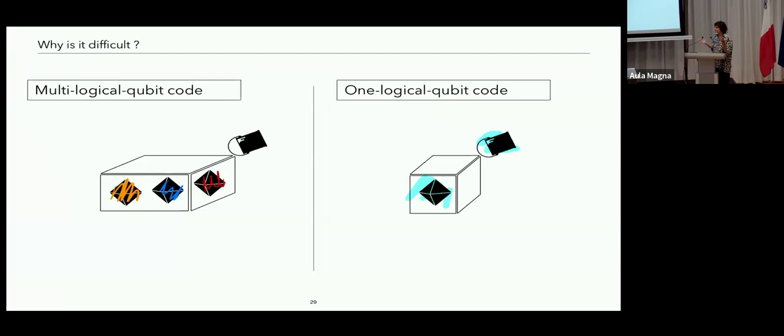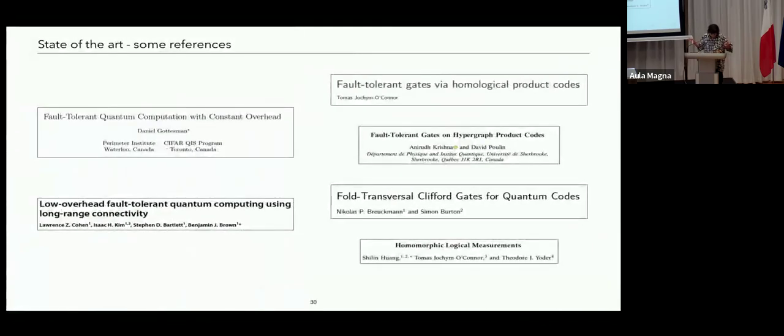And this takes away some of the addressability power that you have. And yeah, that's the main difficulty with finding transversal gates for codes with more than one logical qubit.